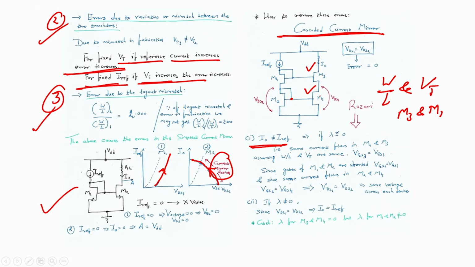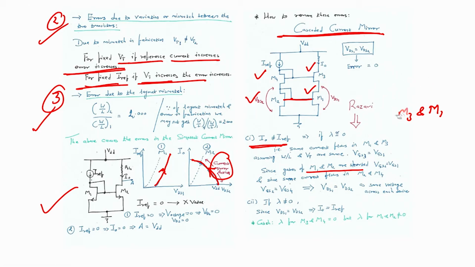In this case, VGS3 is equal to VGS1. Since the gates of M1 and M2 are shorted, VGS2 should be equal to VGS1, and since the same current flows in M4 and M2, VGS2 equals VGS4, right.